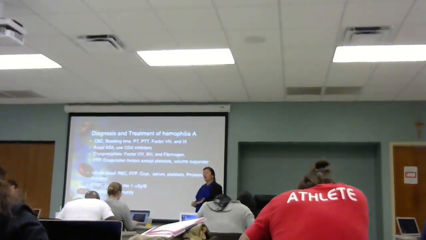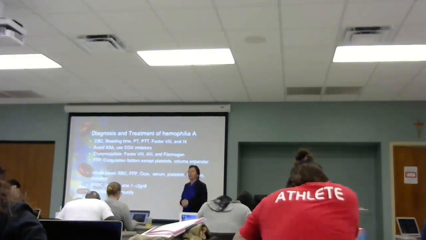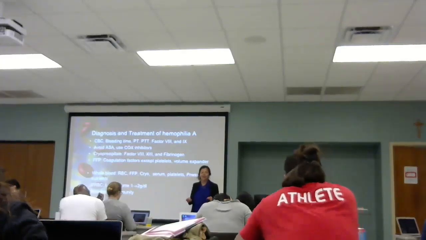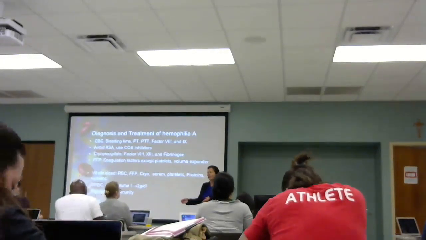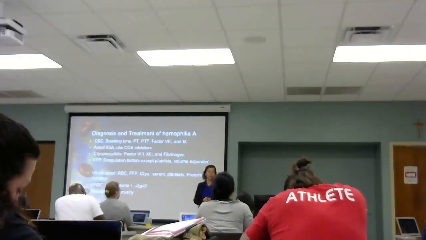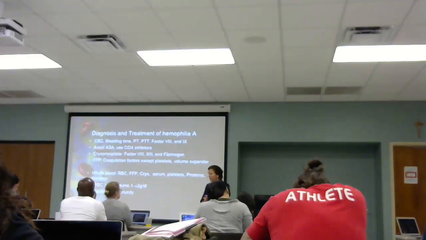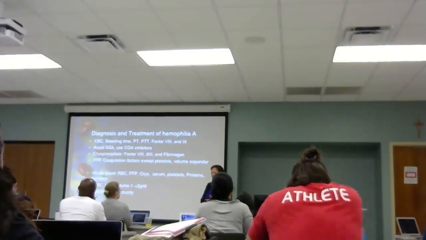In addition to that, what else do you think you're going to be searching for? The factors. So basically, you order a blood test and see the amount or quantity of the factors to see which factors they have deficient. So, of course, in hemophilia A, they're going to have factor 8 deficiency, B, 9, and C, 11.